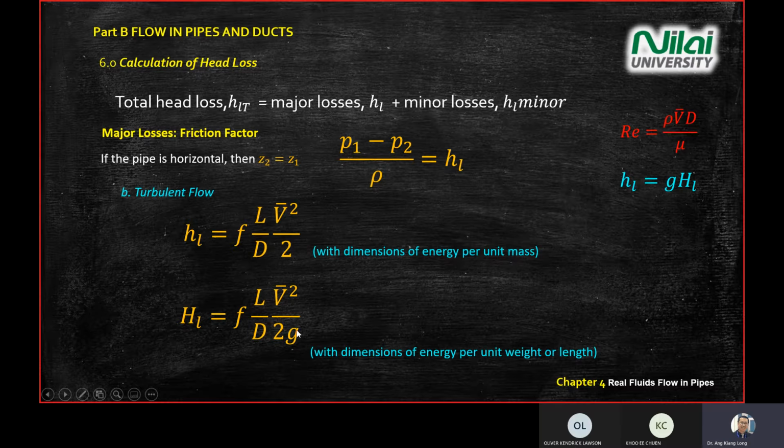The difference is the gravity. So how do you know whether you need to use gravity or not? If you need energy per unit weight, there is a gravitational effect, so there is a gravity g in the equation. Clear?